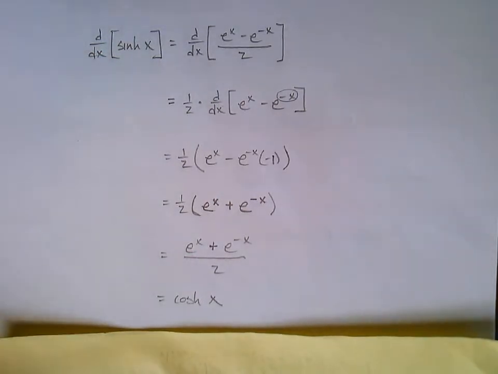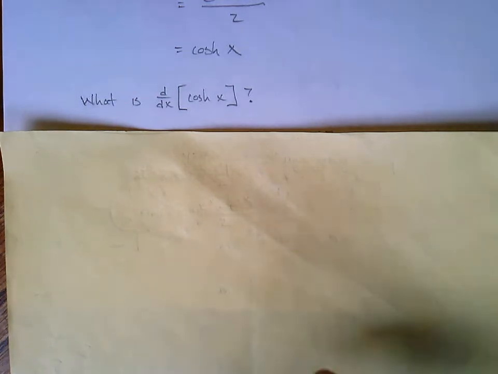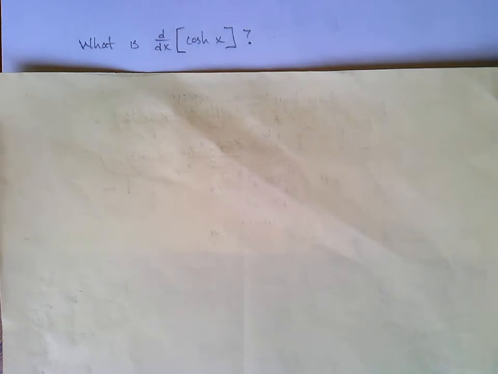Okay, once we get through a couple of these, I'm just going to list them all. So let's move on. The next question, of course, what's the derivative of hyperbolic cosine x? Obviously. This is the last one we'll do together. Then I'll list out all of them.